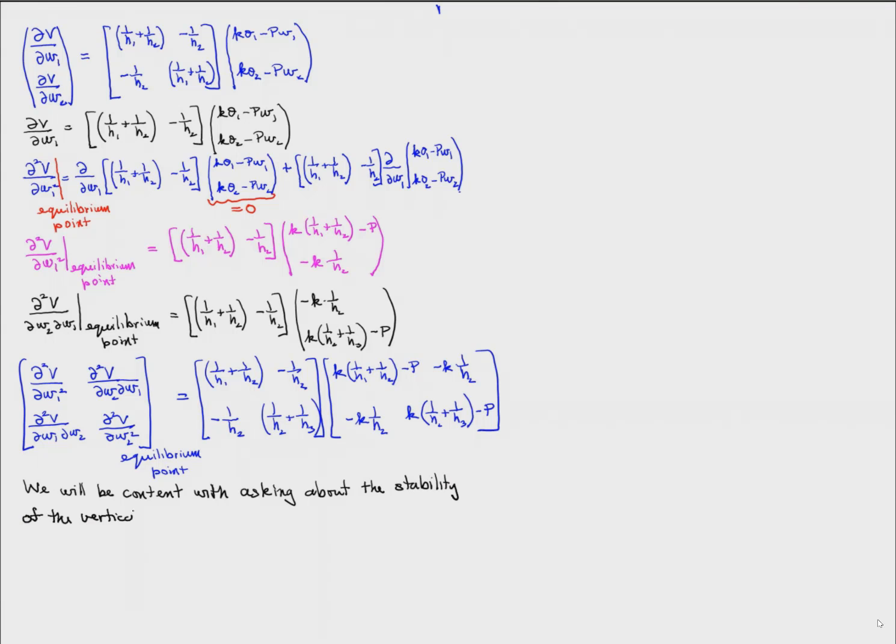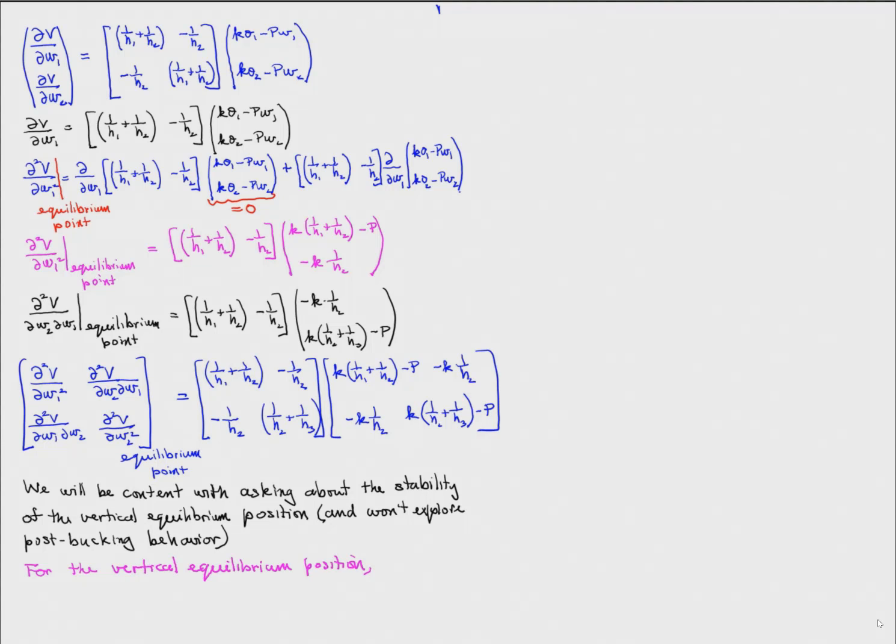So at this stage, unlike with the toy column where we wanted to explore post-buckling behavior, here we will be content with simply asking about the stability of the vertical equilibrium position. Or in other words, when does the vertical equilibrium position transition from being stable to unstable, or what is the buckling load?